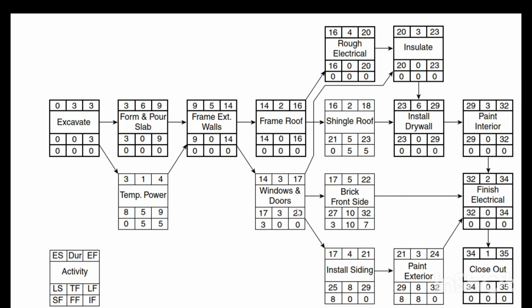If the windows and doors activity did not consume the 3 days, then break front side will have 10 days just for itself. And if windows and doors consumed 3, break front side will have the remaining 7. So this shows you how shared float works with independent float.